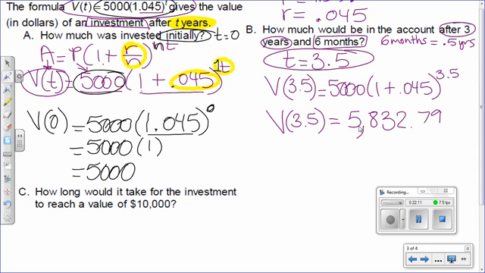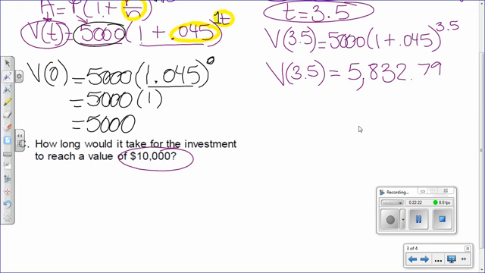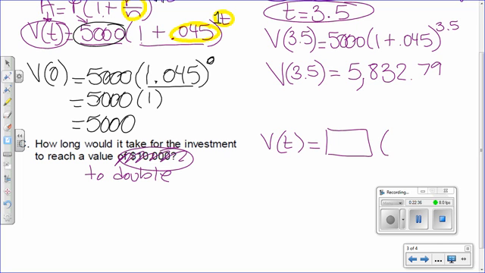And here it says, how long would it take for the investment to be 10,000? Now, I know that Alex's homework has a problem where they ask you something similar. How long would it take for the investment to double? And let's just pretend for a minute that we don't know what the initial amount is. We just don't know.